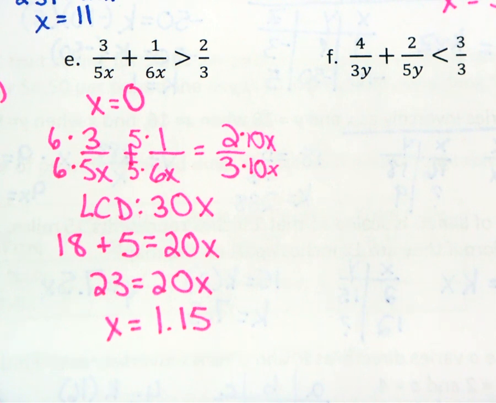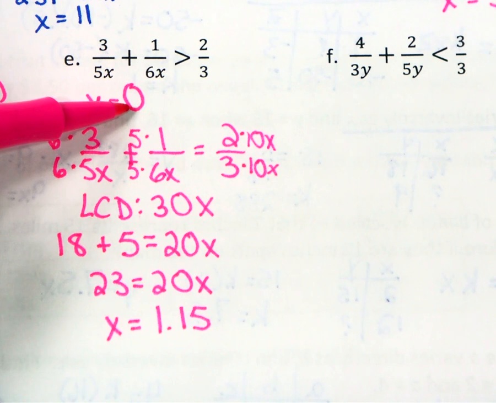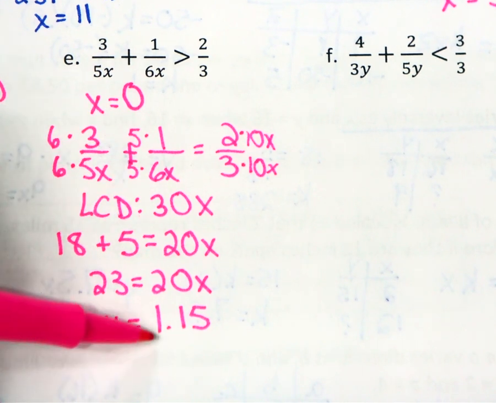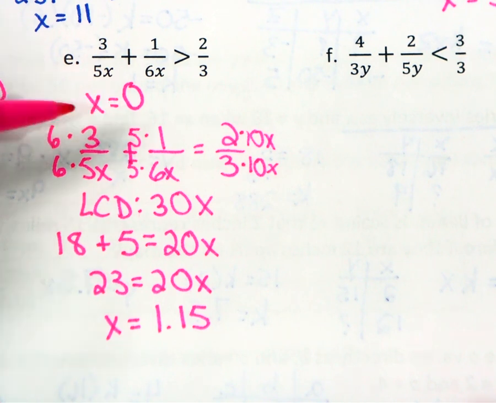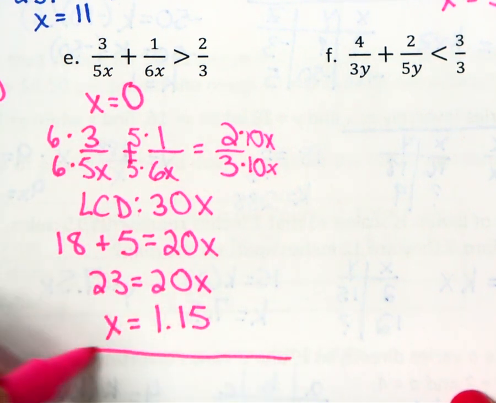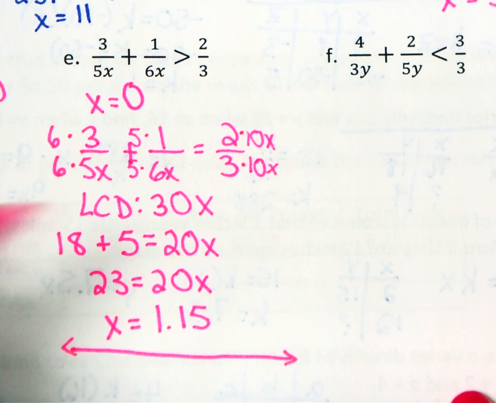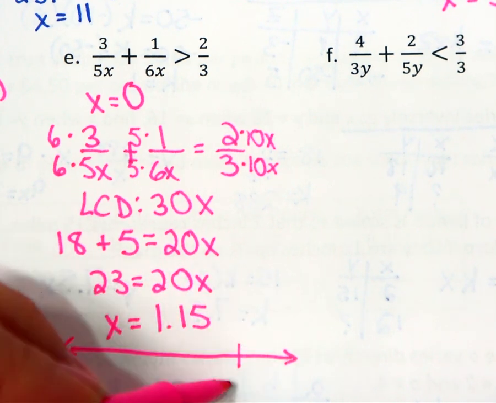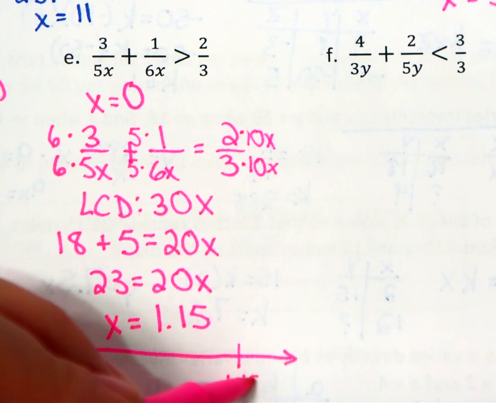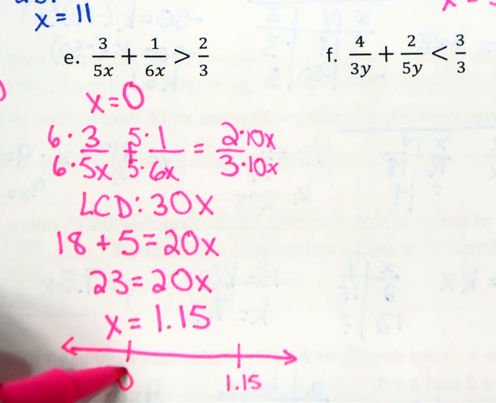Now, remember, we said that this was going to become an important part. Well, that's because this inequality has two key parts. We have a key part at 1.15, a key part at 0.